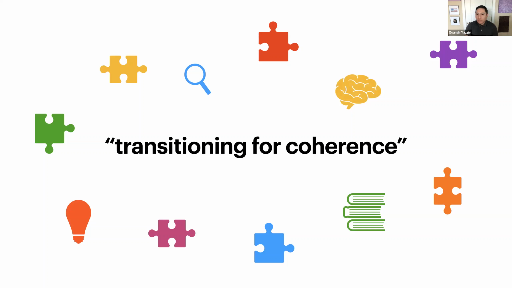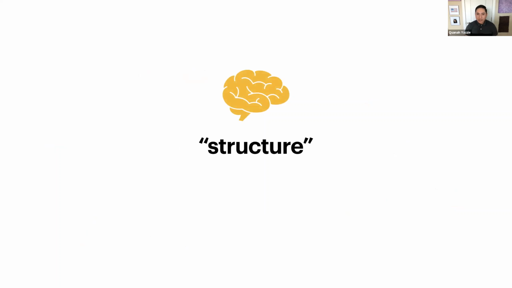Then we're going to begin with the structuring phrase. Throughout this presentation, you'll see this brain. These are things to note when you're going through structuring or transitioning, so just keep these in mind as well.